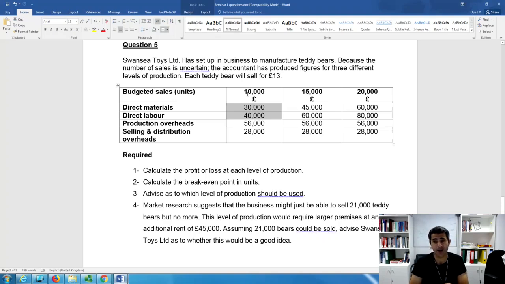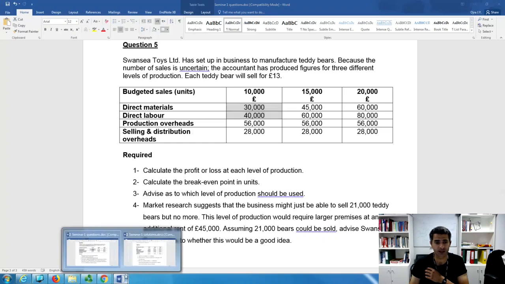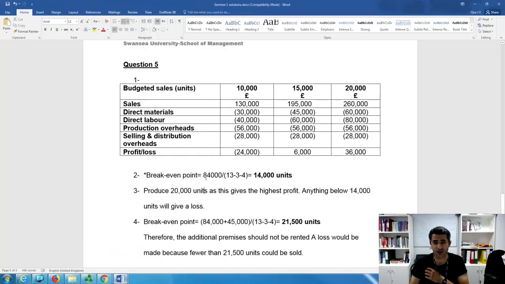So 84,000, the fixed cost element, divided by contribution per unit, which is 13 selling price per unit minus 3 minus 4, gives 14,000 units.